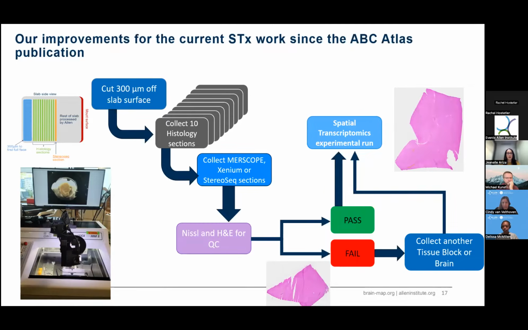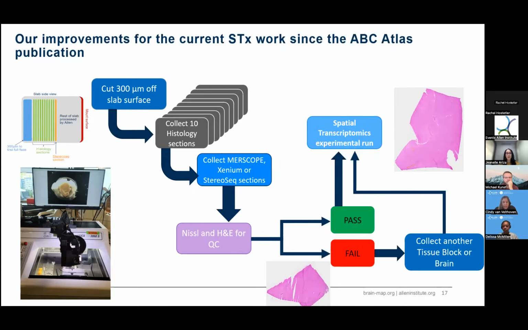and also takes a picture of the microns, so we can reconstruct in the C-plane all the tissue sections that we obtain. We cut 300 microns off of the surface of the slab to make an even surface and remove all the freezing damage. We collect histology sections, and then we collect the MERSCOPE or CNU sections or Stereo-seq sections.